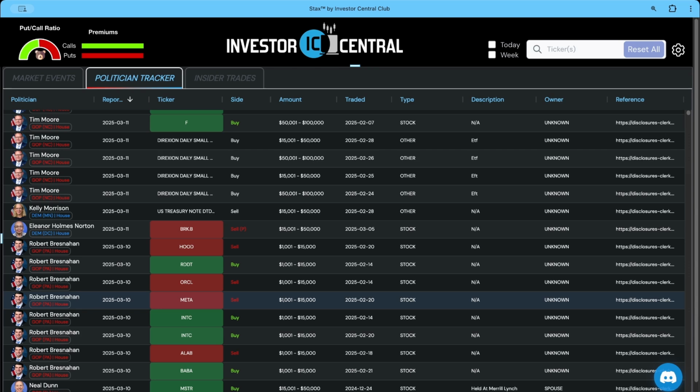Sometimes government contracts, sometimes funding or new bills that allow these companies to thrive and flourish. Sometimes they'll also sell or buy puts in situations when they expect that these stocks may go down. Always a good idea to get an idea of what these politicians are doing.